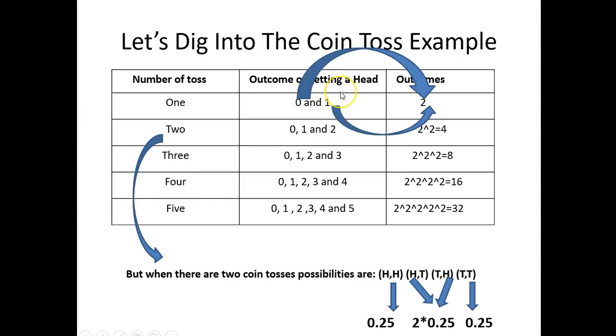So here we are measuring the success, and we define success as getting a head. So if we define success as getting a head, then what are the success chances? It can be 0.25 possibility of getting 2 heads, 2 into 0.25, that is the possibility of getting 1 head, and 0.25 possibility of getting 0 heads. So there are three different possibilities, and that's how we plot it.